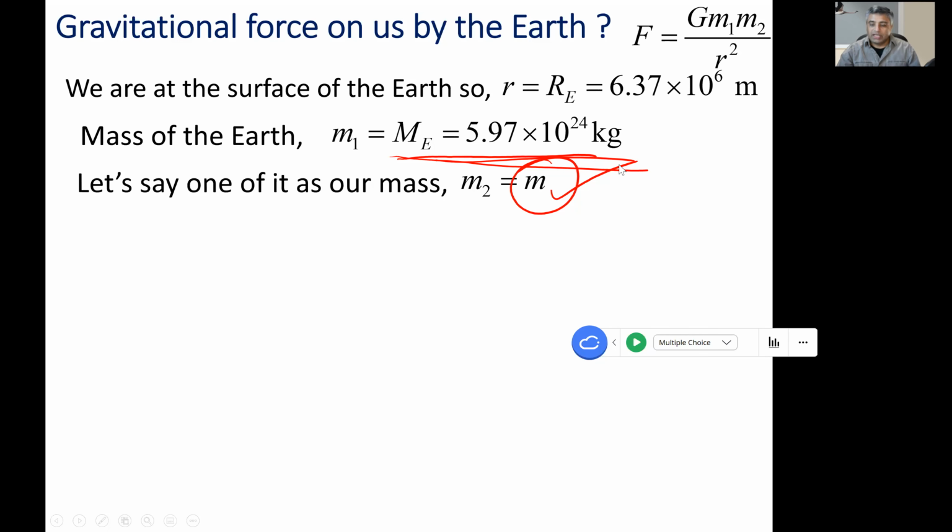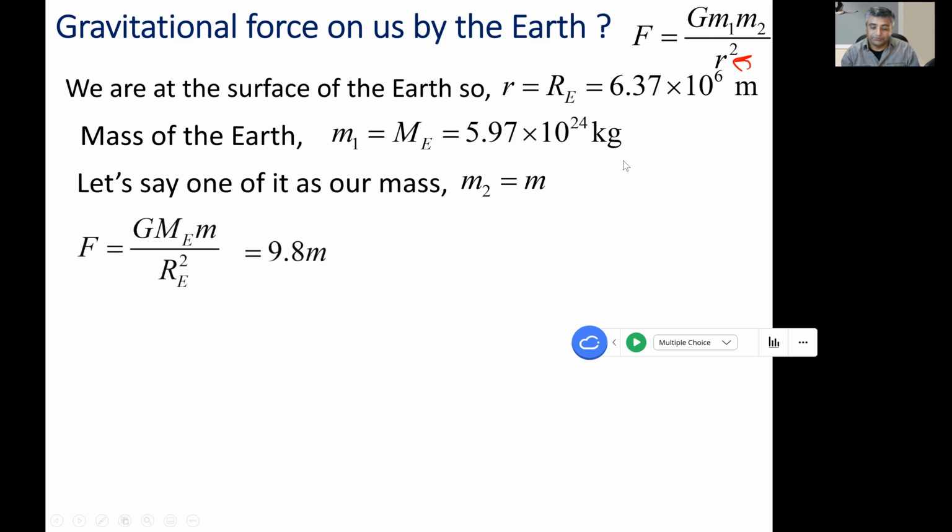Now if I plug in these numbers, the radius of the earth here and the mass of the earth in one of the masses, the other mass I'm just keeping m, and of course I need to put the value of G as well, uppercase G. Looks like I didn't write that. And uppercase G is 6.67 times 10 to the power negative 11, if I remember correctly. So when we plug in those numbers, that's where this magic number 9.8 comes from.